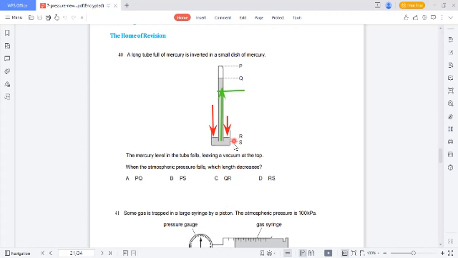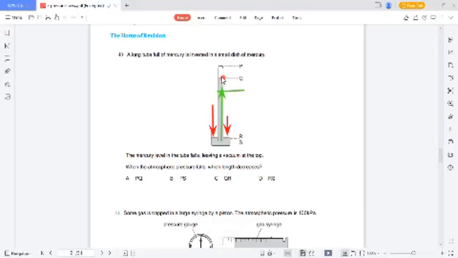PQ height, PS height, P to S, Q to R, R to S. Actually, if Q decreases, then QR would decrease, because Q is here and R is here. When atmospheric pressure reduces, this liquid moves in a downward direction like here.